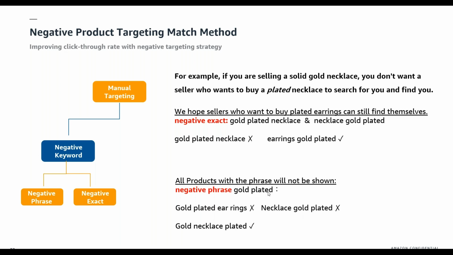However, if the gold and plated is separated by a word, which is gold necklace plated, it will still be targeted. So it sounds a bit confusing, but essentially for exact, it's the exact sequence of the word. And for phrase, any phrase related to this keyword before and after will be negatively targeted. But if there is a word inserted in between, it will be shown. So this is the slight difference.